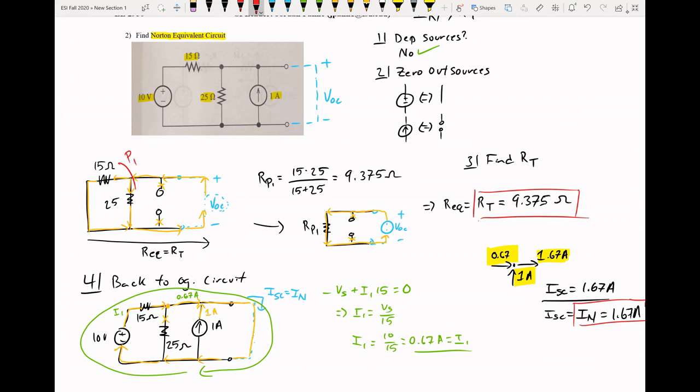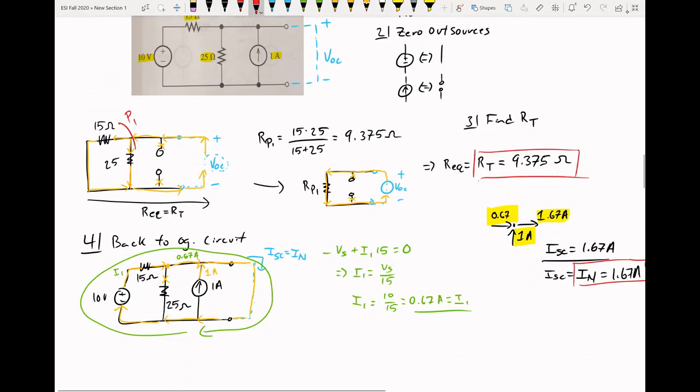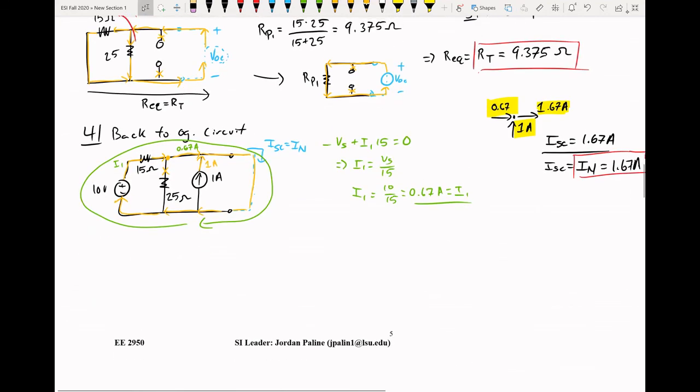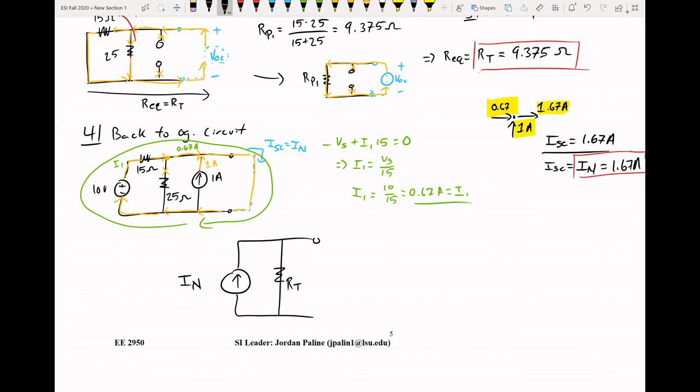Okay. So now we can come down here and redraw our circuit. If we're doing the Norton, remember I Norton is going to be in parallel with the R Thevenin, and it's going to have these open terminals where this will be plus minus VOC.